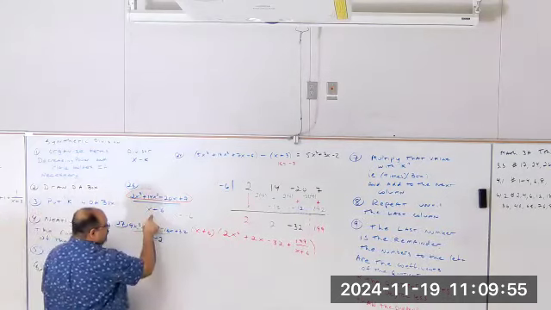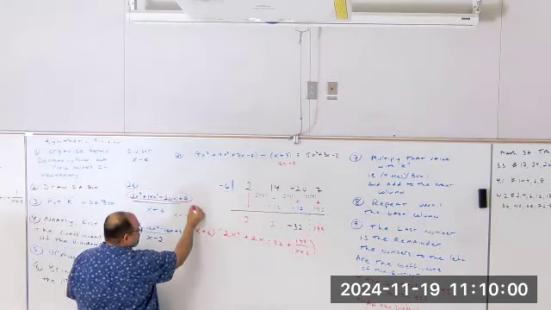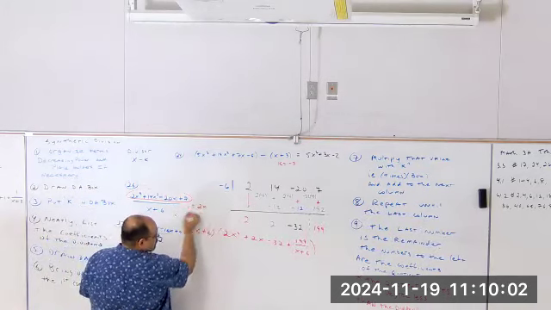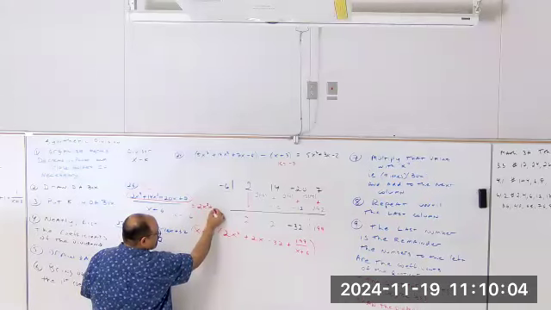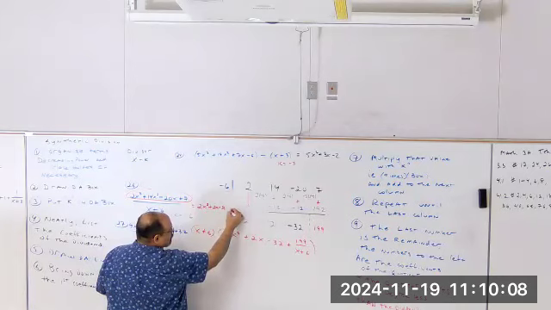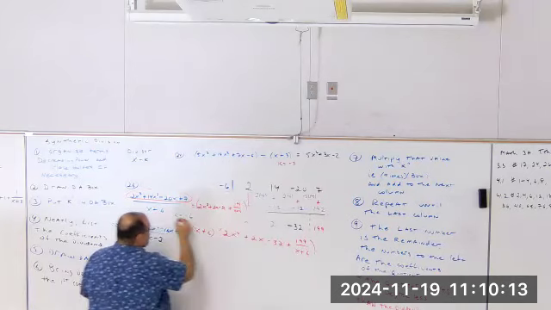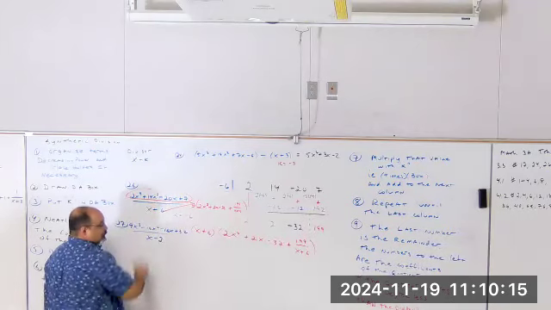Because if this divided by this is equal to that, then when I multiply these two together, I'll get the numerator.